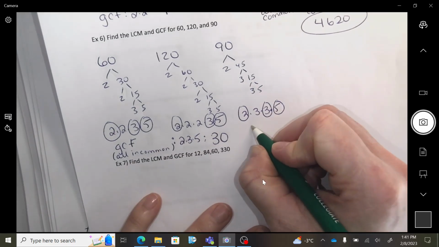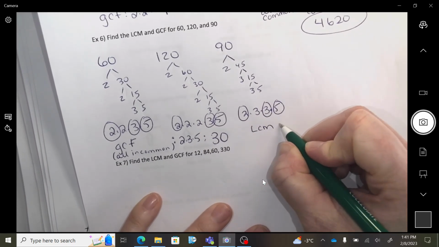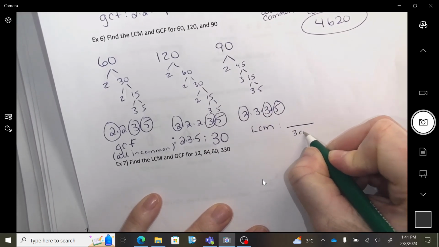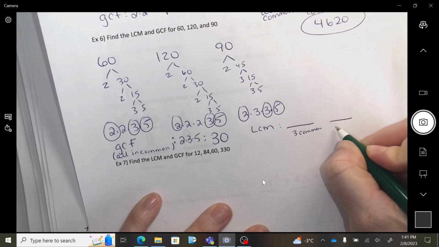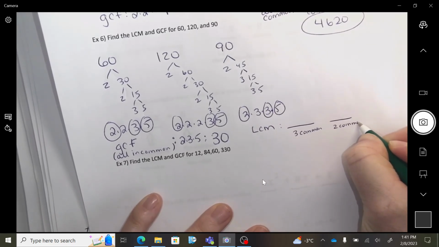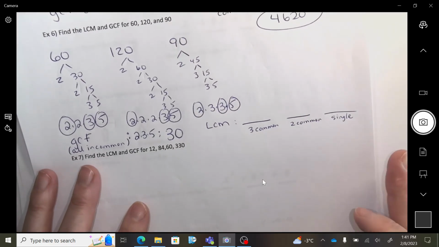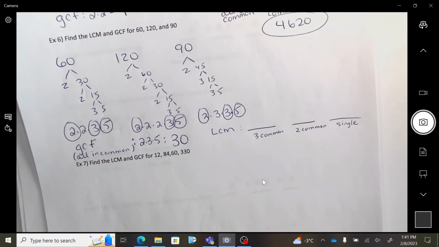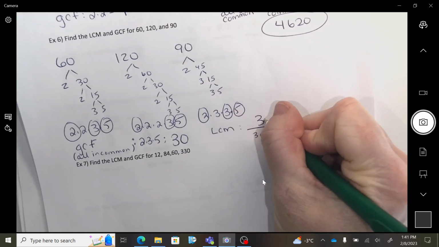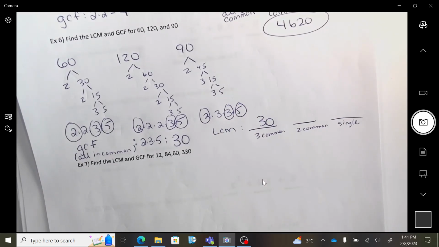Okay, so LCM. So you're thinking all 3 in common. We already did that, which came out to be 30. So now we added this rung to the ladder. So do 2 of them have something?